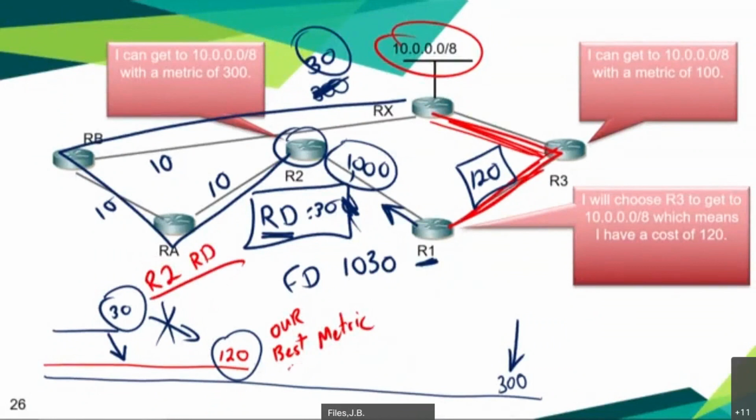If R2's reported distance is less than our best route, it cannot be looping through our best route because it's not long enough. Does everybody get that? Does that make sense? R2's metric is too small. It cannot be looping through us. Therefore, we know it is not a loop. And therefore, we can use it as a backup route.